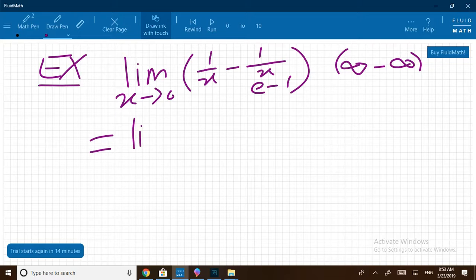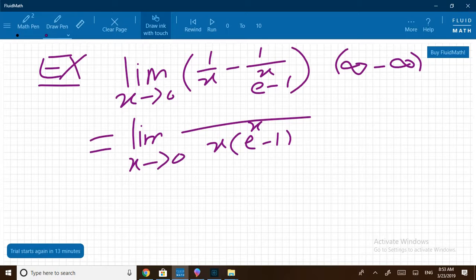The limit as x approaches 0 of (e raised to the power x minus 1 minus x) divided by x into (e raised to the power x minus 1), and it is 0 divided by 0 form.